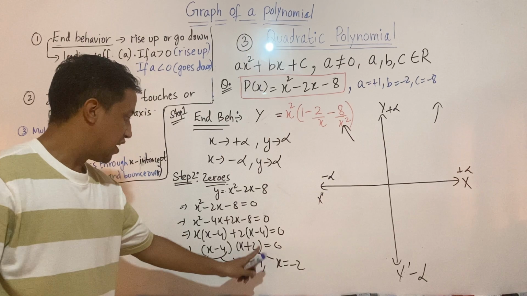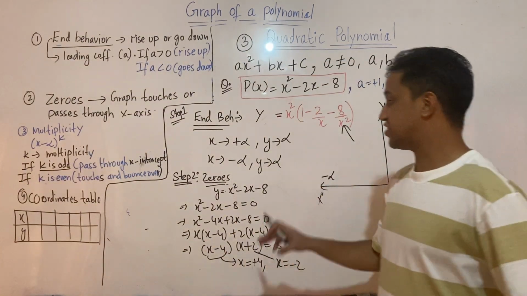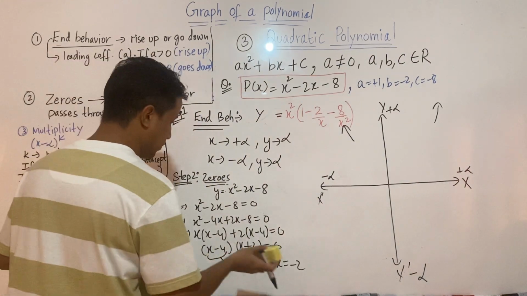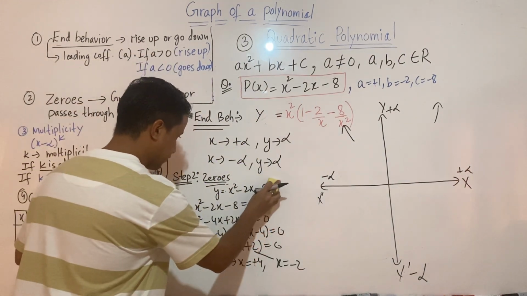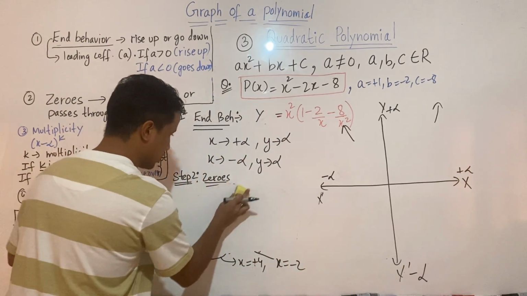Okay, so now see here, can I write these zeros in the expression form here? First of all I can erase it and I will write step number 2.